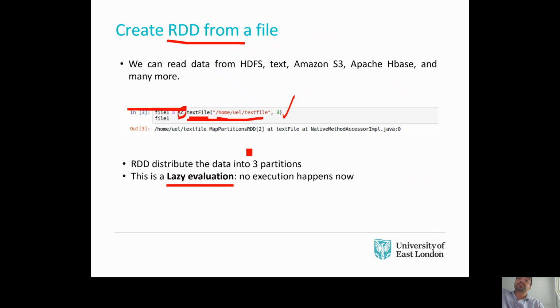When you run an action operation or transformation operation, then you would have execution. So if you run this command, nothing happens. Your data is not going to be divided into 3 portions. When you start writing transformation and action, then it's going to be executed.